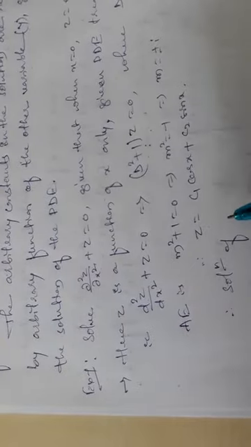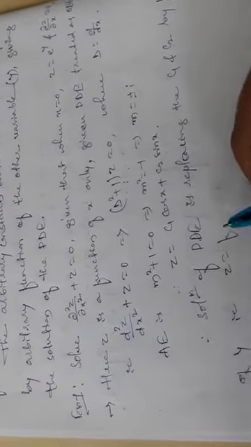But for the solution of the PDE, the constants c1 and c2 are replaced by functions of y, that is z = f(y) cos x + g(y) sin x.